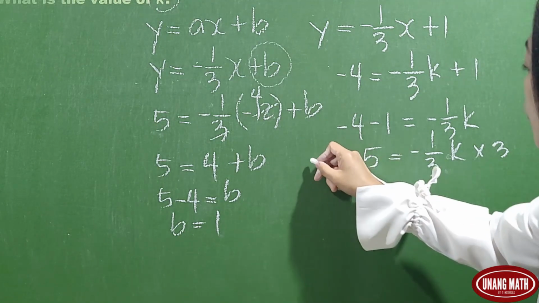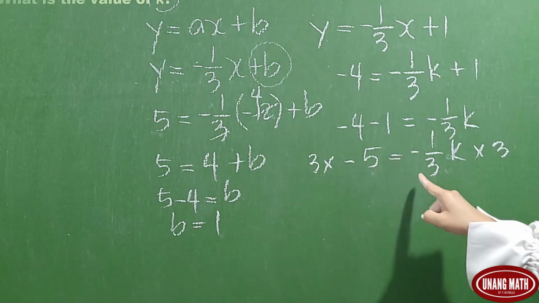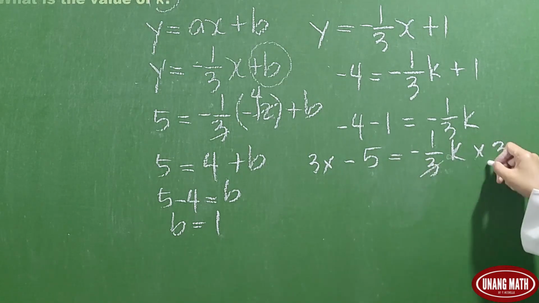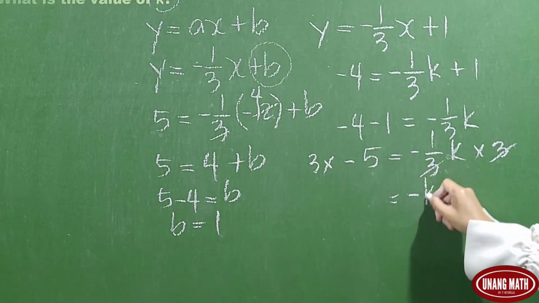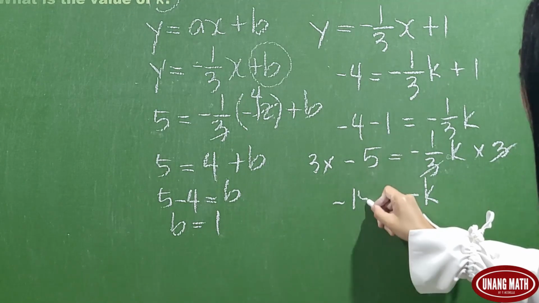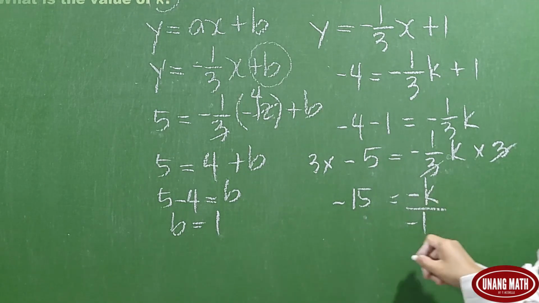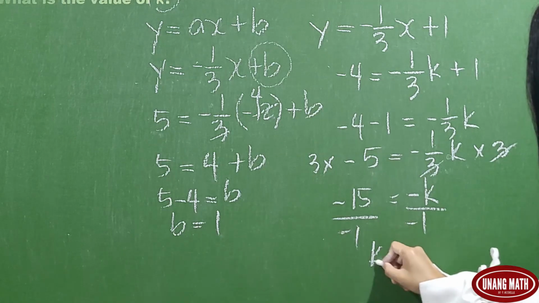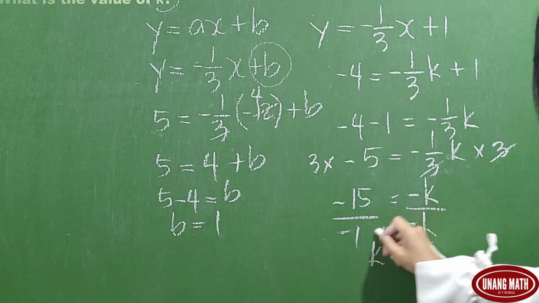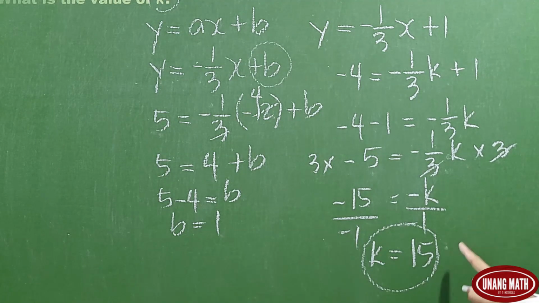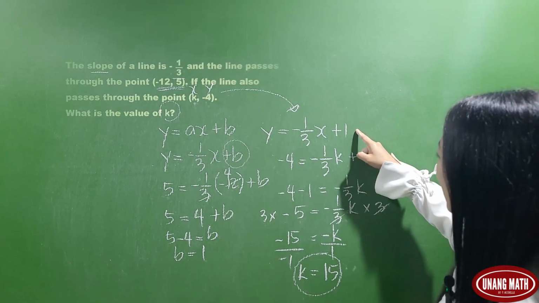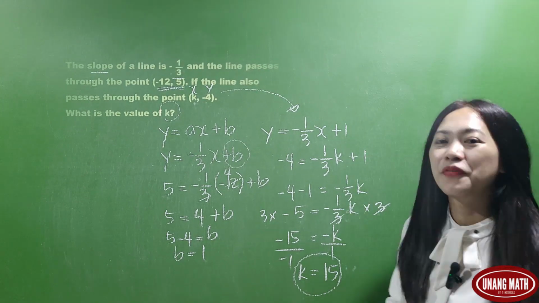So this is now negative 15 equals negative k. So divide by negative 1. So k now is 15. So it means the value of k in this linear function is 15.